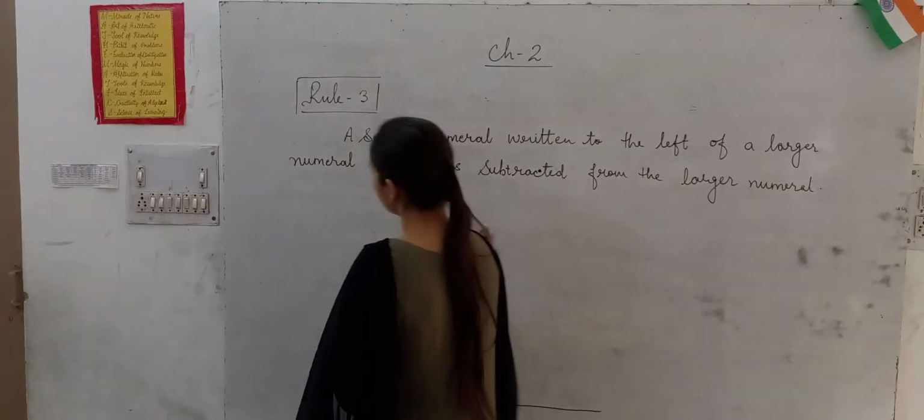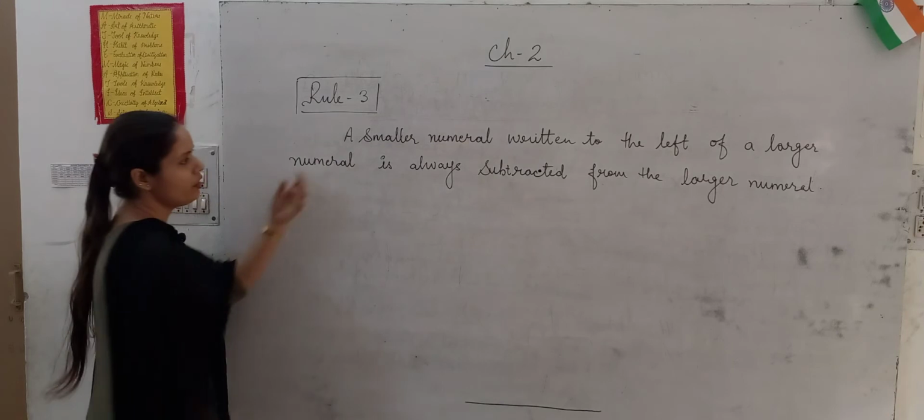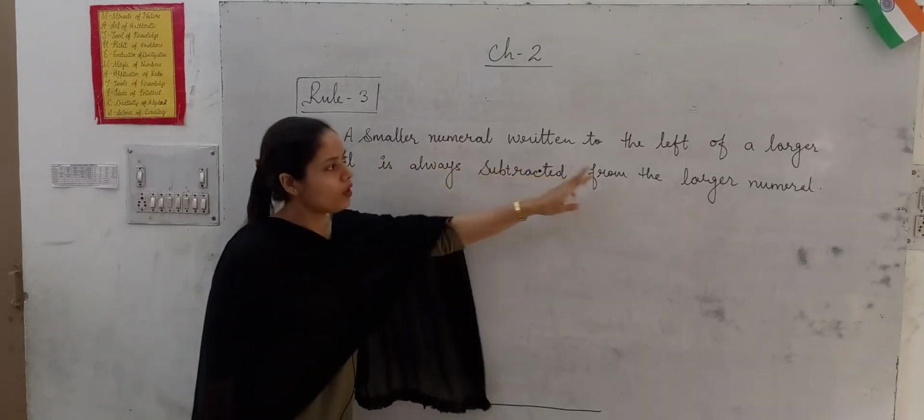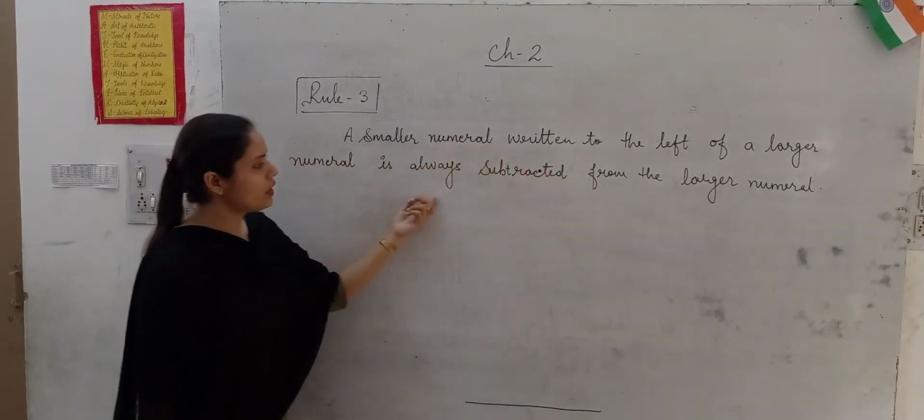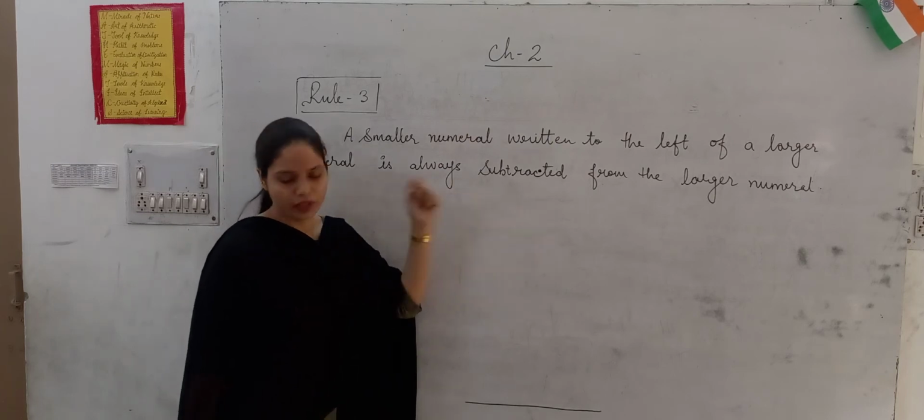This is your rule number 3. A smaller numeral written to the left of a larger numeral is always subtracted from the larger numeral.